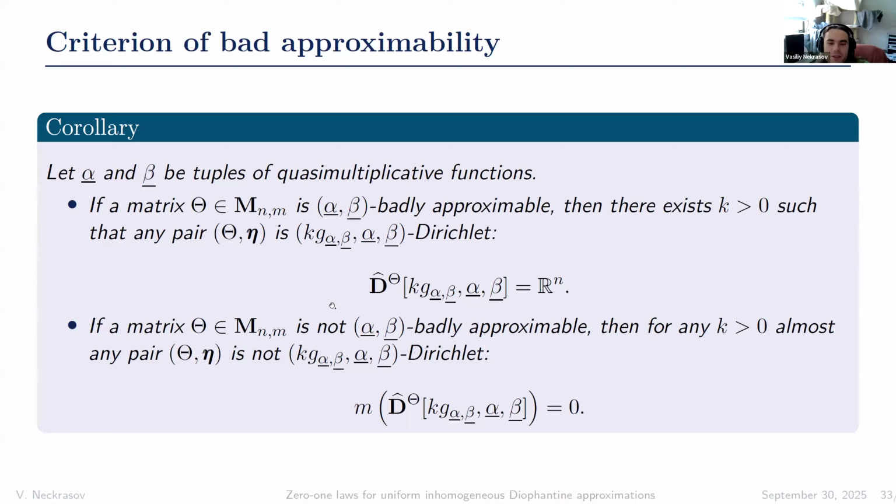And if our matrix is not badly approximable, then not only does the previous statement not hold, but we also know that the set of such pairs that are f1 Dirichlet or G alpha beta Dirichlet with some constant k has Lebesgue measure 0. So it's not just that in one case the set is everything and in the other case it is not everything, but it's actually either everything or measure 0.